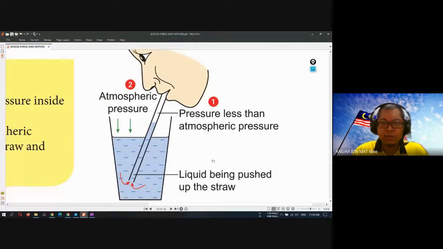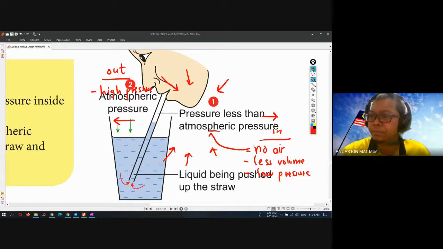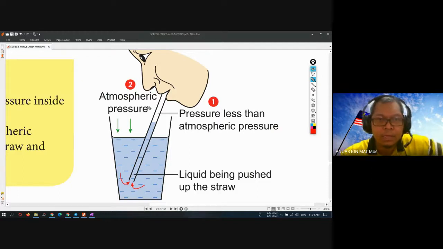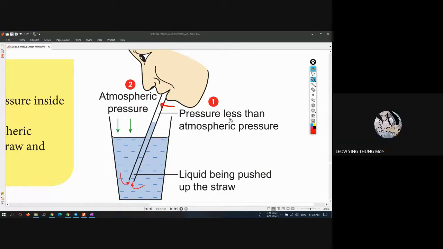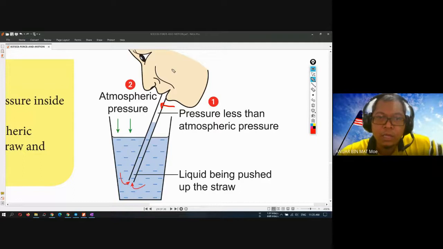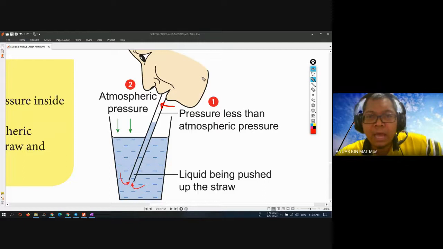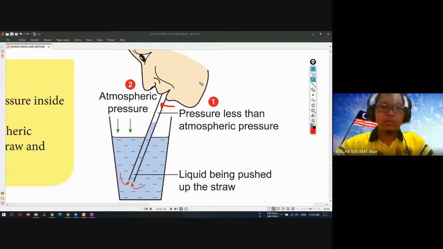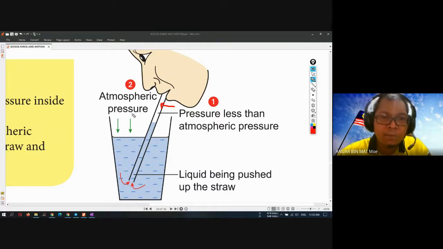When you try to suck up the air using the straw, which one has higher air pressure, inside or outside? Inside the straw over here, higher or lower air pressure? You must remember, we try to suck using our lungs.